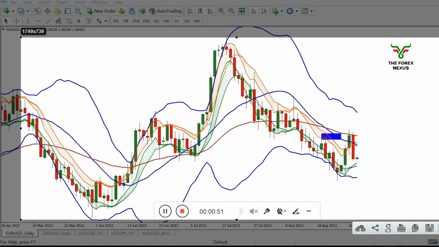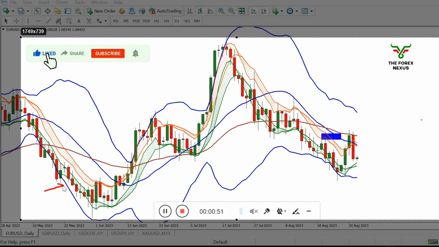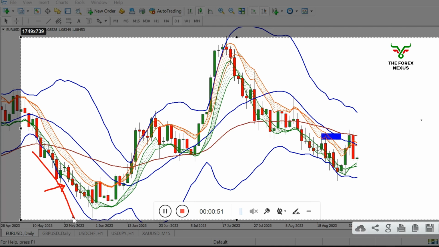So we have three scenarios. Number first is always look for the Bollinger Band expansion. When it's expanding, it means that you have a valid re-entry after the momentum.